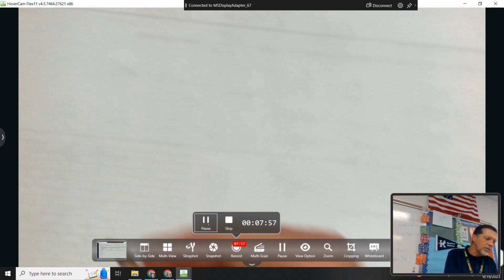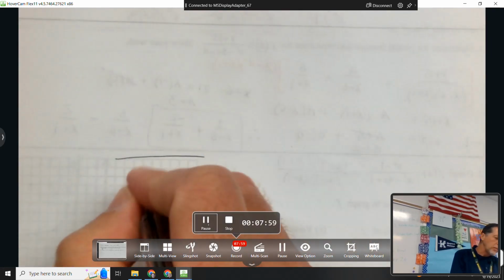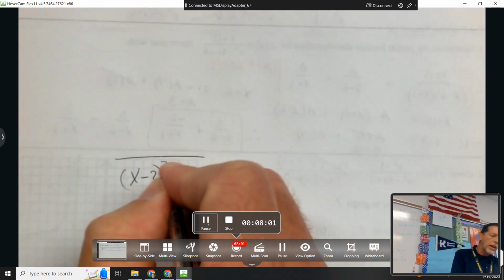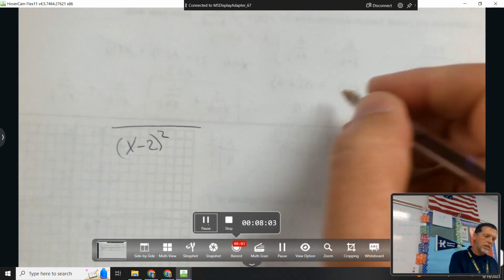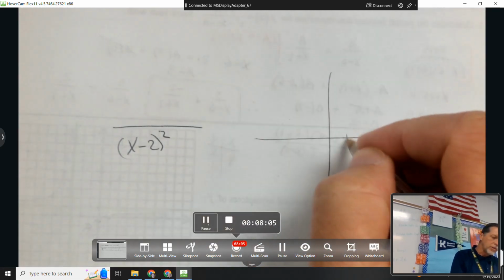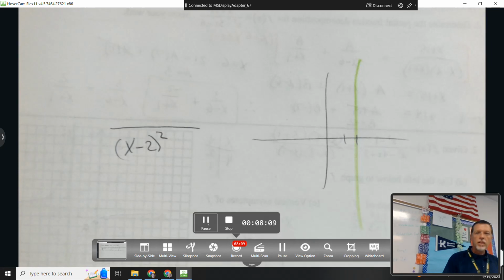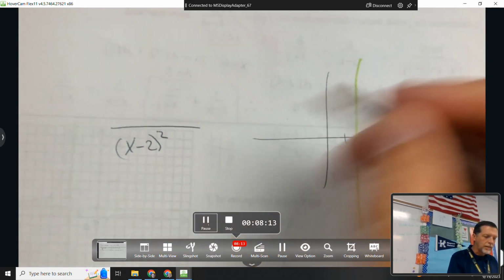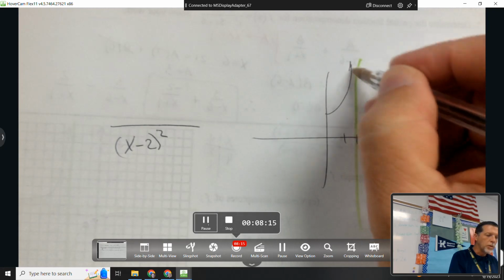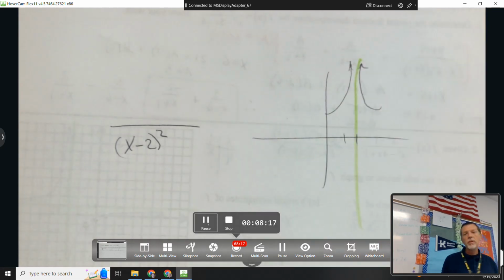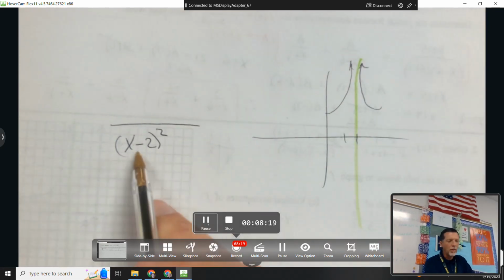And the reason is if you get a denominator that has a repeated root in it, then whatever's going on at x equals 2, they won't flip across x equals 2. I don't know what else is going on, but they'll both be going up or they'll both be going down. It's that double root thing again.